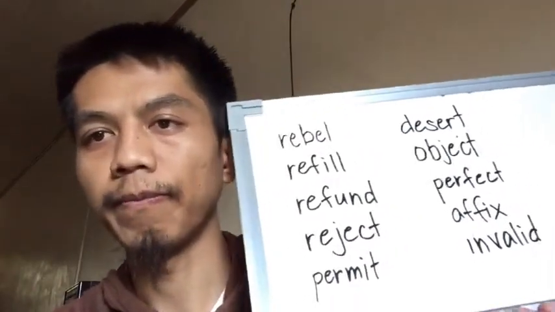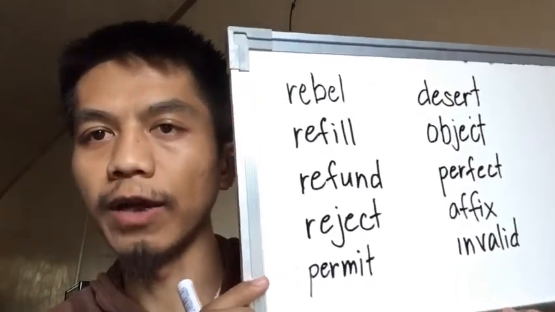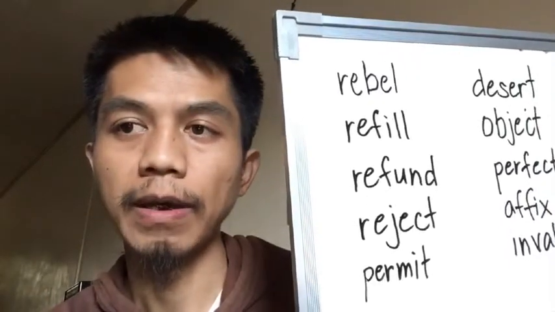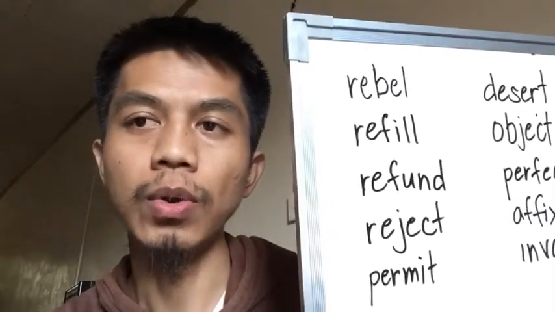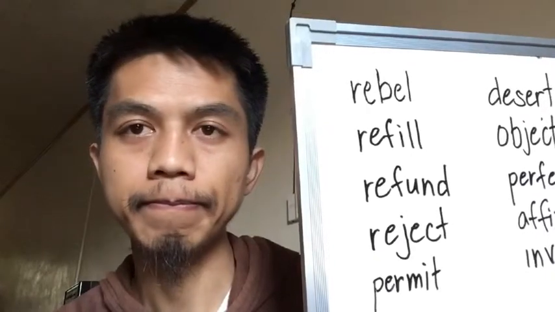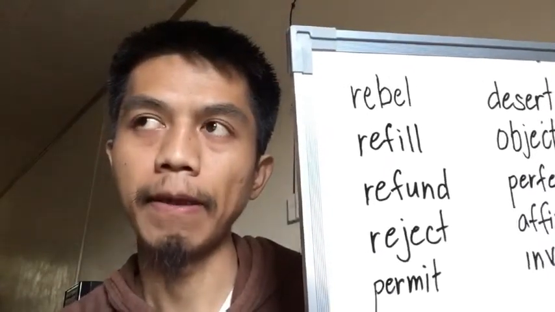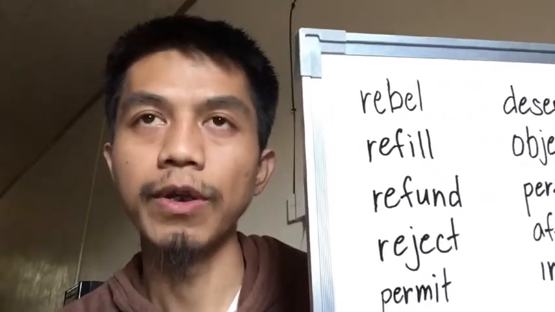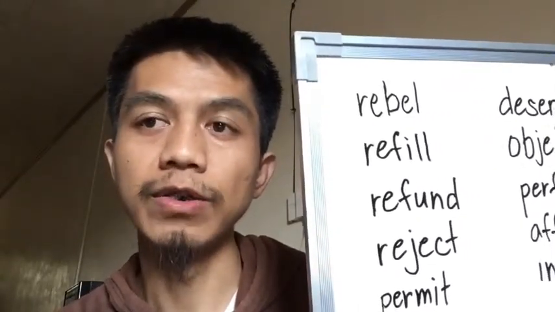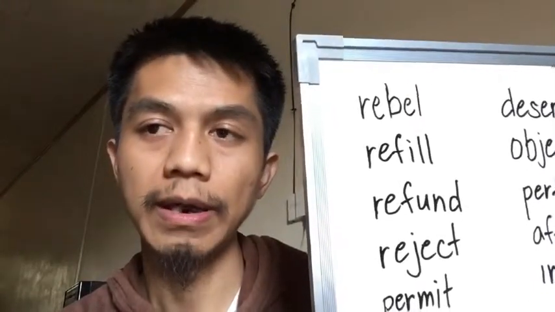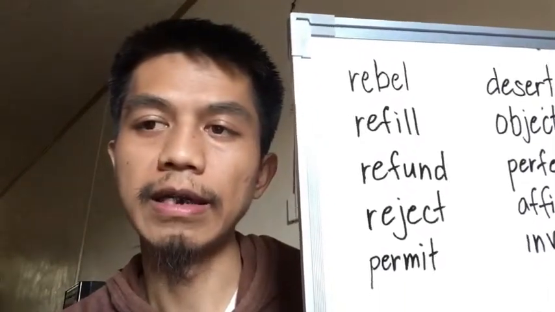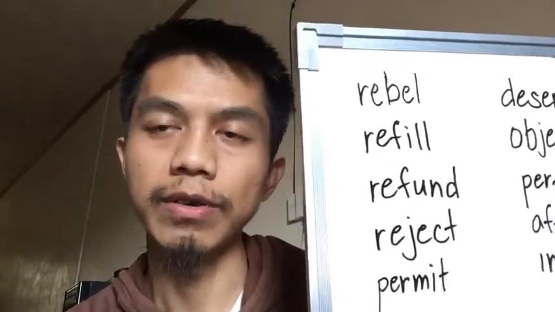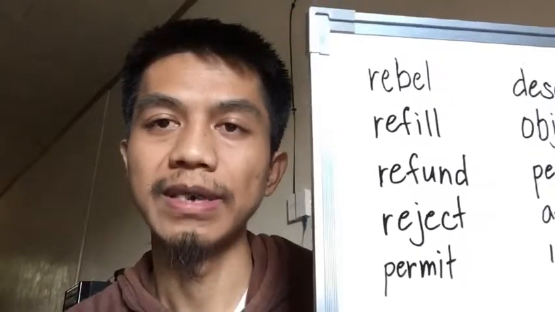So in the English language, usually if a noun has two syllables, the stress is on the first syllable, and if a verb has two syllables, then usually the stress is on the second syllable.